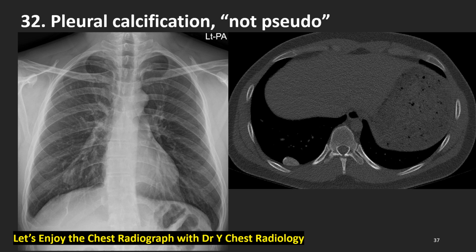There is a 2 centimeter well-defined ovoid nodule with calcifications. Pleural calcifications, probably due to tuberculous pleurisy. For me, I think a pleural lesion shouldn't be considered a pseudo nodule. It is a true nodule, I suggest.